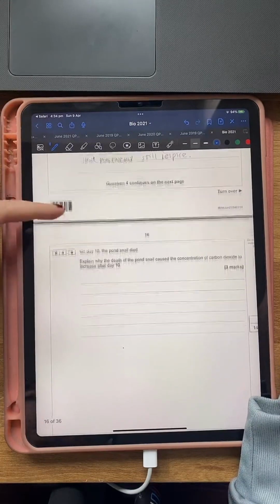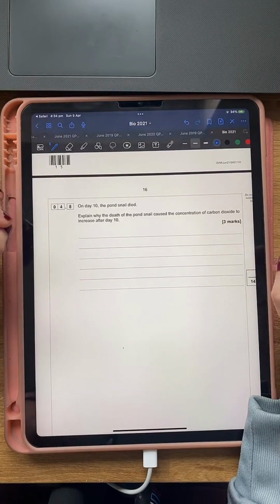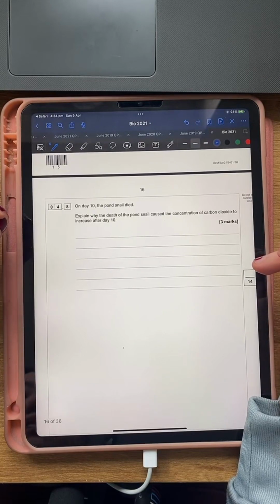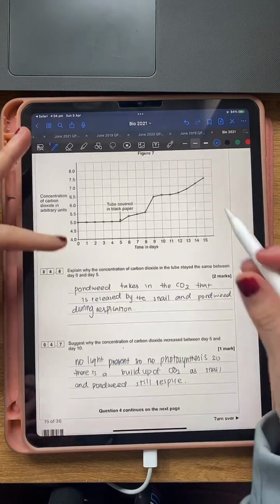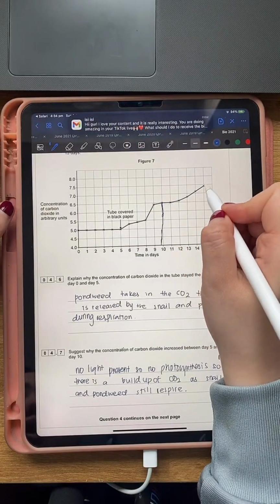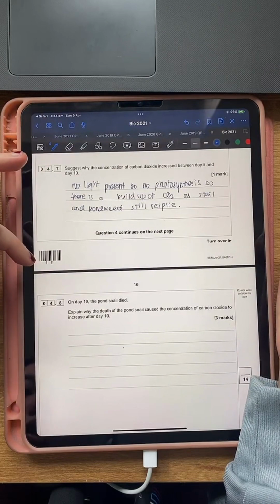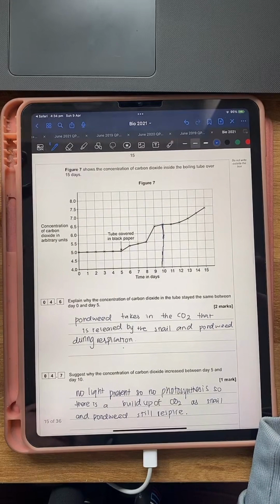On day 10, the pond snail died. Explain why the death of the pond snail caused the concentration of CO2 to increase after day 10. So we have here day 10, and then we have an increase, and it's asking why we have that increase. Okay, so whenever anything dies, the carbon stores locked in the snail are released, the snail decomposes. So the snail has a carbon store, and then when it gets decomposed, it gets released.